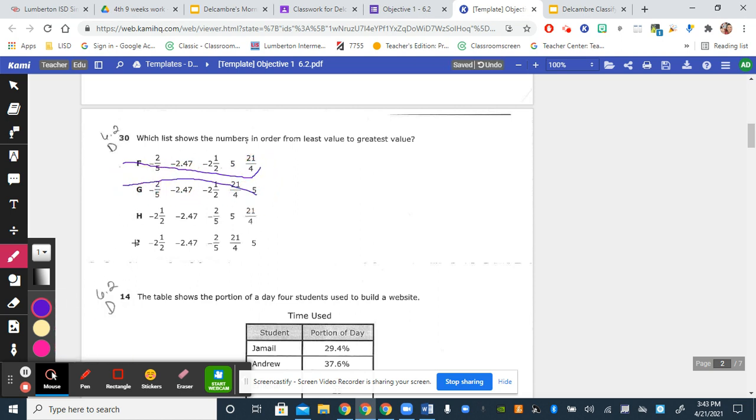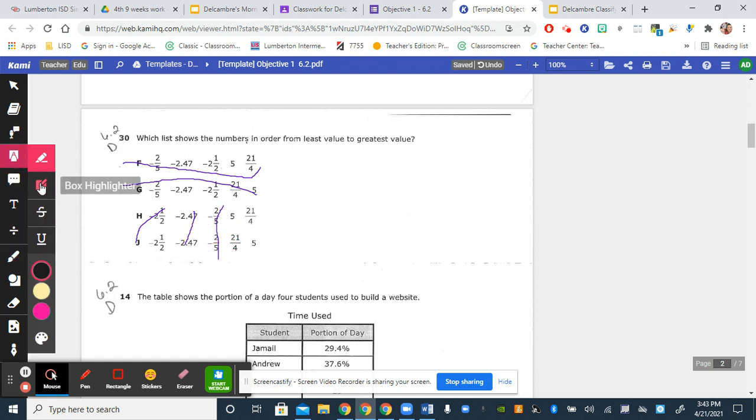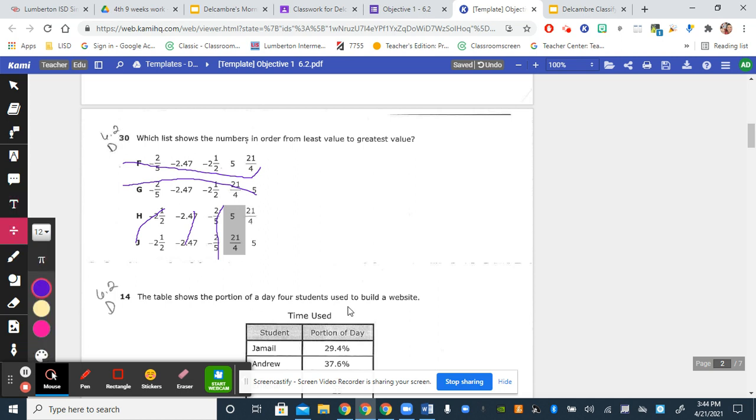All right, so now I'm looking at H and J. So these 2 are the same, and now this is what's different. So 5 and 21 over 4. So if I simplify this 21 over 4, I get 5 1/4.